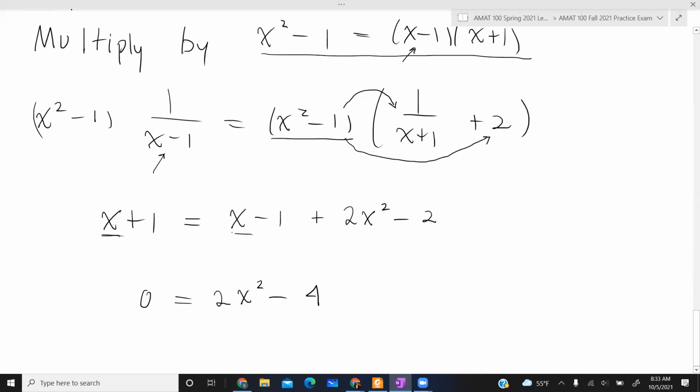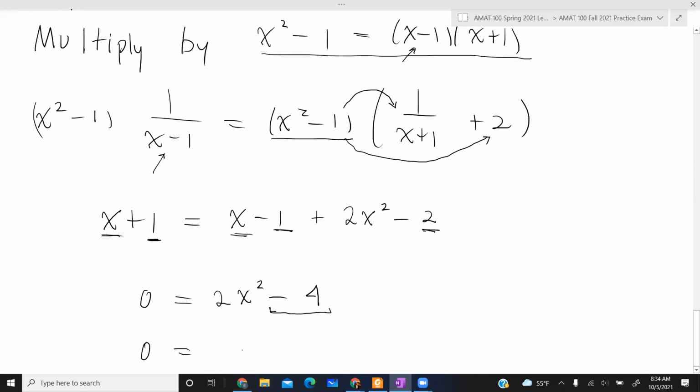This x cancels with this x. This -1 right here combines with this -2 to give me -3. And then right here, I have this +1, so I need to subtract 1 from both sides. So it's -1 minus 3. So that's how I get -4 at the end.